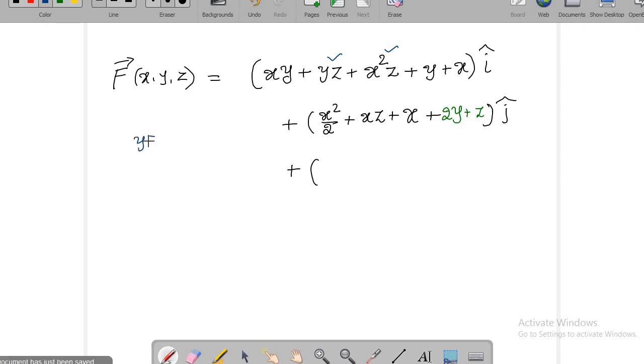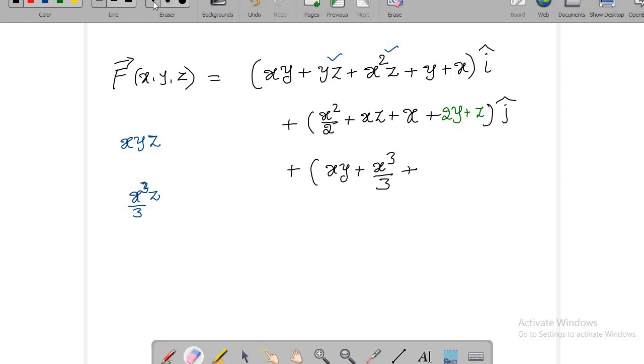When you integrate with respect to x, you get xyz. Another one is x² into z. When you integrate with respect to x, you get x cubed by 3 into z. Now you have to differentiate this with respect to z. So the resultant term is xy for the first one, plus next one is x cubed by 3. Okay, we are done with x.